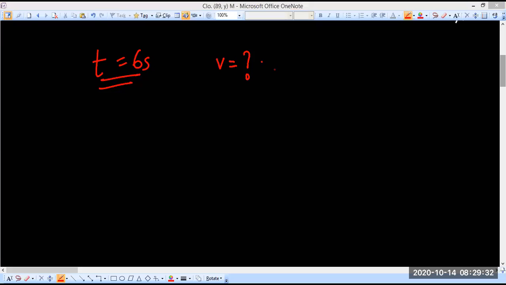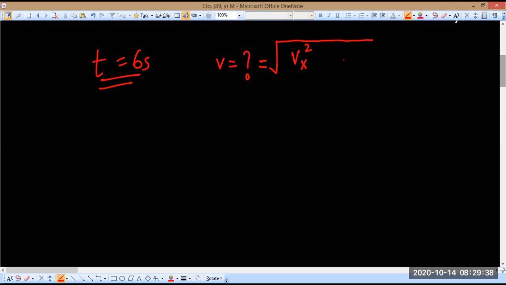Yes, we have to find magnitude of velocity. I hope everyone understands this is what we have to do, right? We have to find magnitude of velocity, that is under root vx square plus vy square, right?